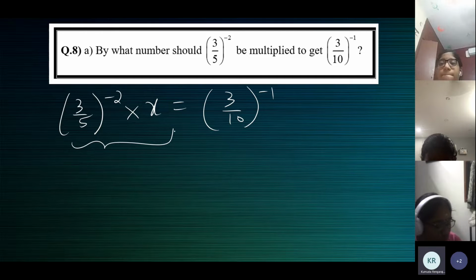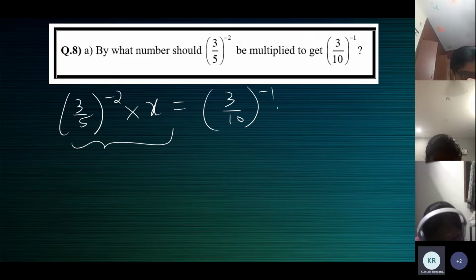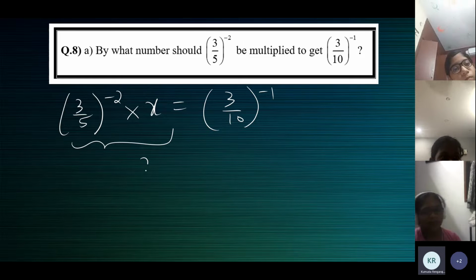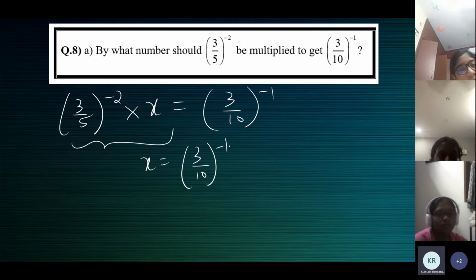On the LHS, since multiplication is commutative, you can transpose x or you can transpose (3/5)^-2. So what did we do? We said x is equal to (3/10)^-1.